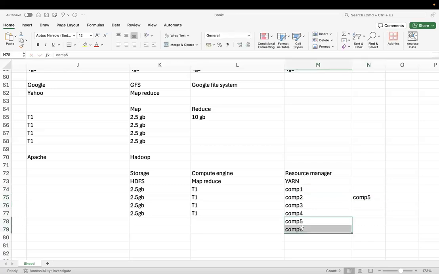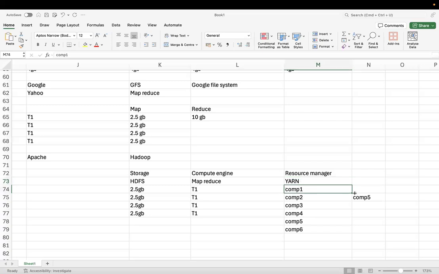One more point to remember, all of these computers that we are talking about are not physical computers, guys. They are virtual computers, virtual machines. This is handled at the back end. We don't have access to decide whether we want to use computer 5 or computer 1. YARN is going to take care of everything in terms of resource management. We can tell YARN how we want it to configure this.